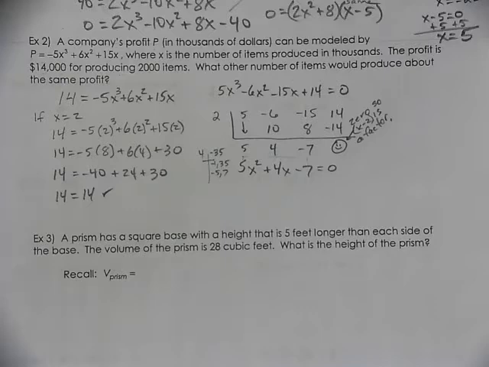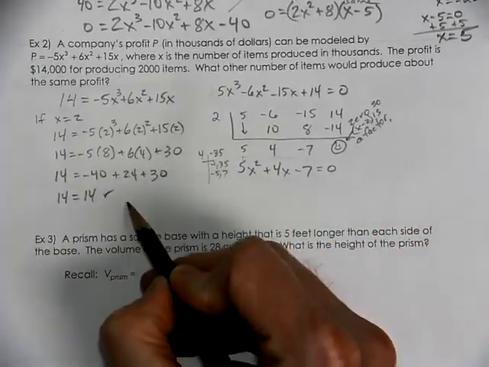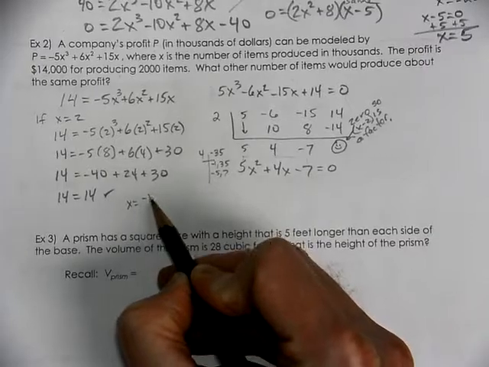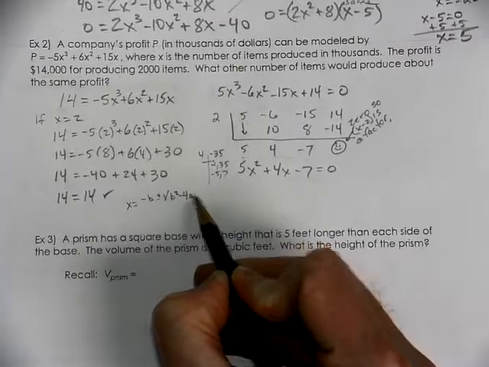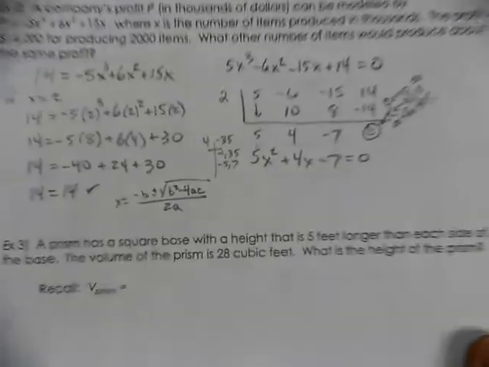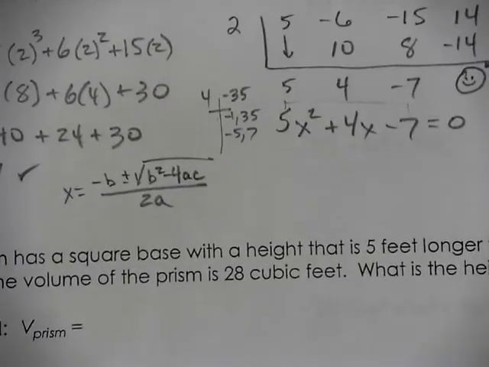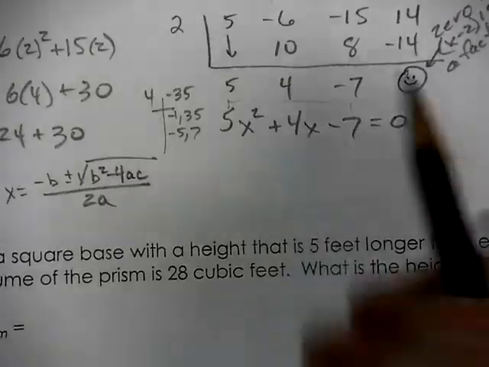So what's the other way we solve a quadratic if we can't factor it? Quadratic formula can work great. X equals negative b plus or minus the square root of b squared minus 4ac all over 2a. That is the quadratic formula. So we need to know what our b value is.